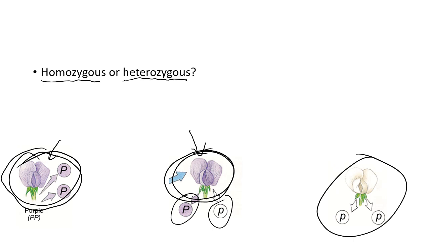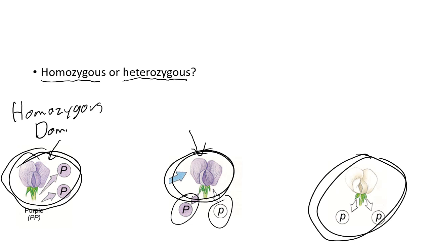And how do we distinguish this one and this one right here? Well, we would actually call this one right here homozygous, which means same alleles, dominant. So it's homozygous dominant. It has 2 of the same alleles, and they're both dominant. This one right here is homozygous recessive.